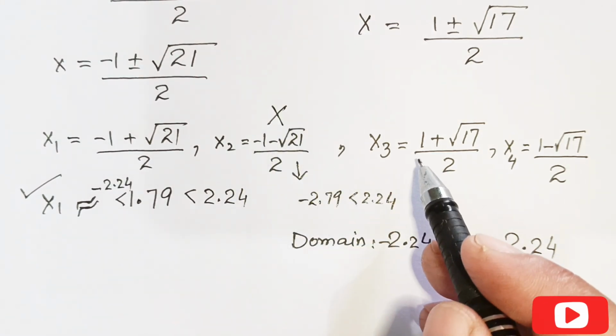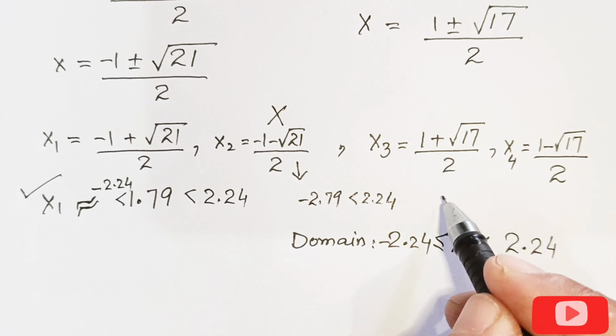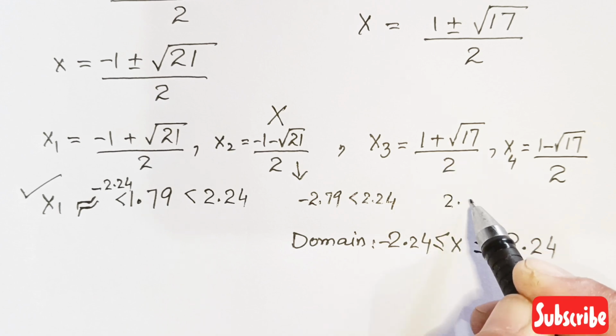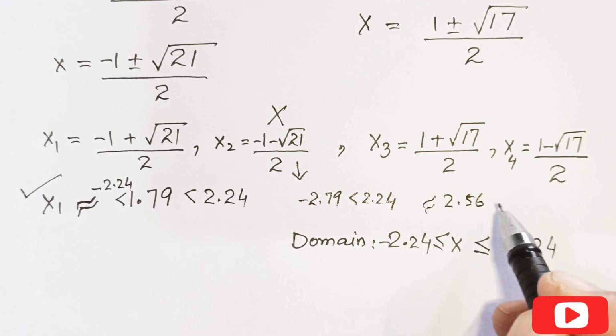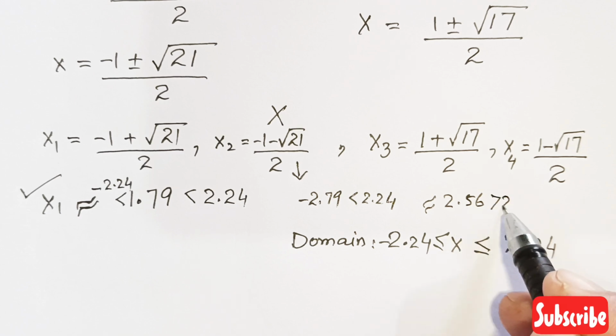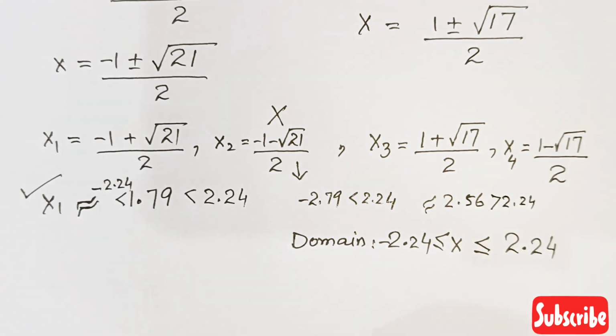When we see x3, the value of x3 is approximately equal to 2.56. It is actually greater than 2.24, so again we are going to reject x3.